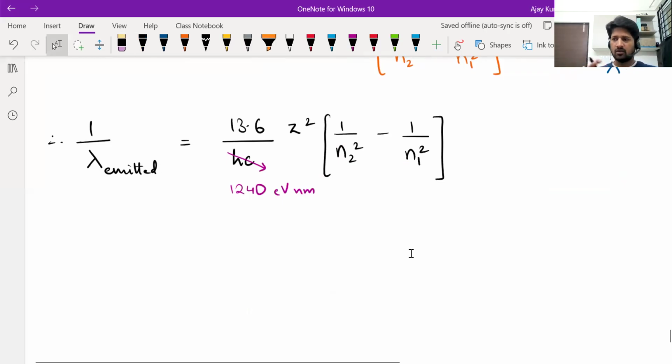Substituting the atomic number Z and the orbit numbers n1 and n2, you can tell what exact wavelength is emitted when an electron jumps from a higher orbit to a lower orbit. And you will get the answer in nanometers, because that 13.6 is in electron volts, electron volt cancels, and you get the wavelength in nanometers.